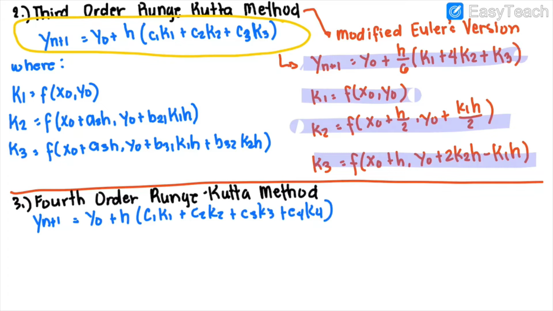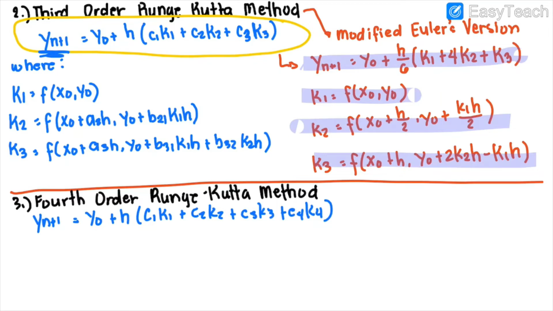There are 6 equations that relate the 8 constants that can be derived by comparing to the given equations with the 4-term Taylor series expansion. So basically, with the 4-term series expansion, which we have already tackled from the prelim, that estimates the value of y n plus 1.